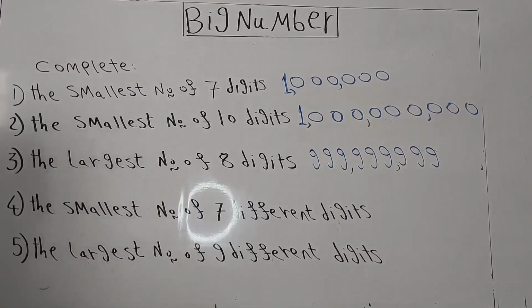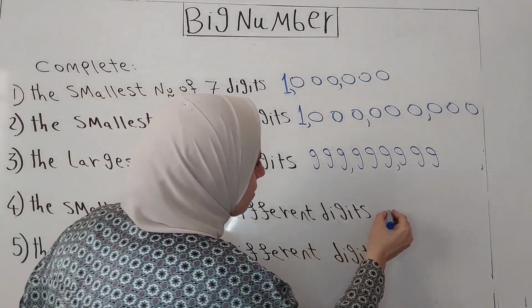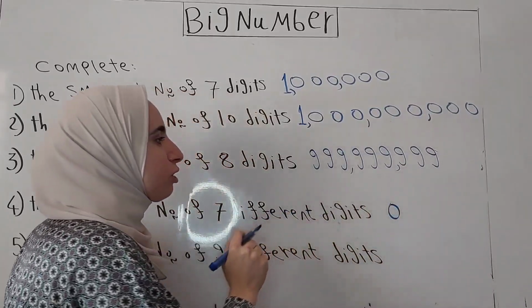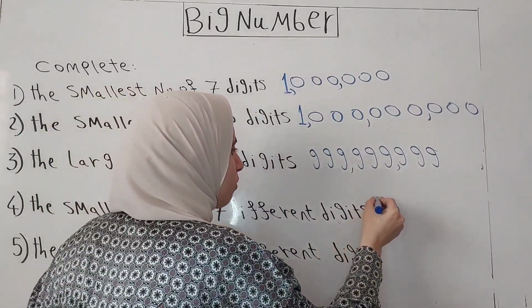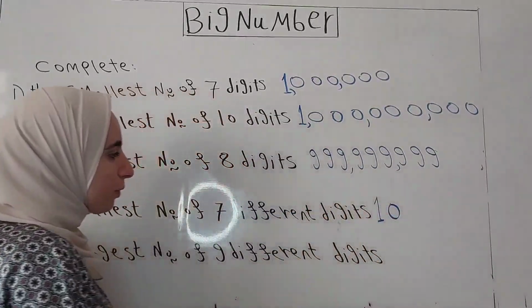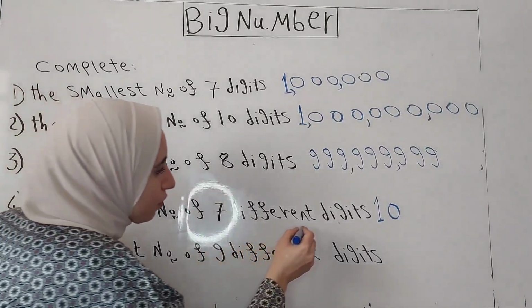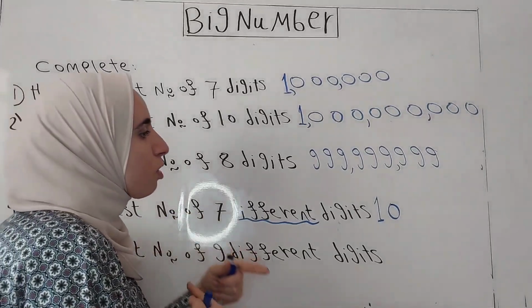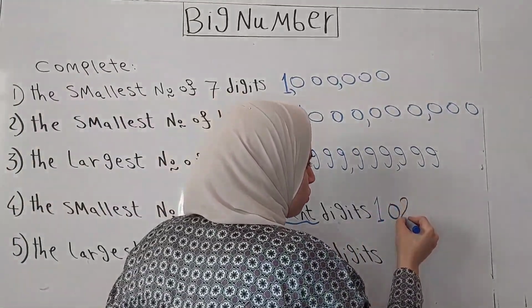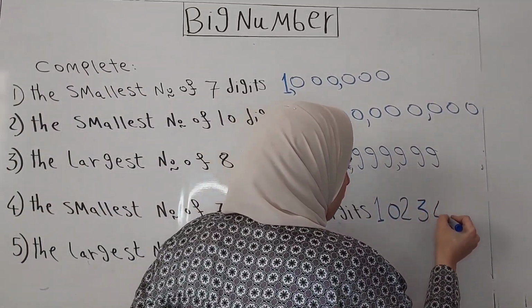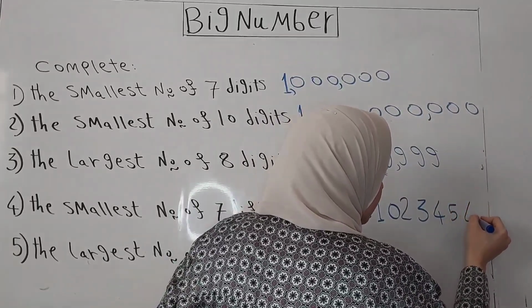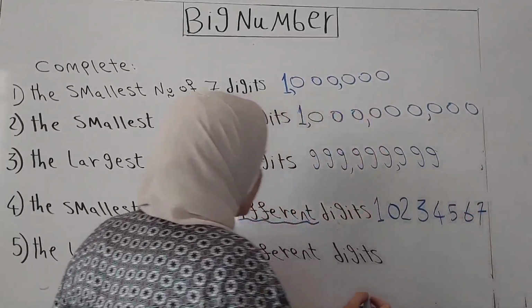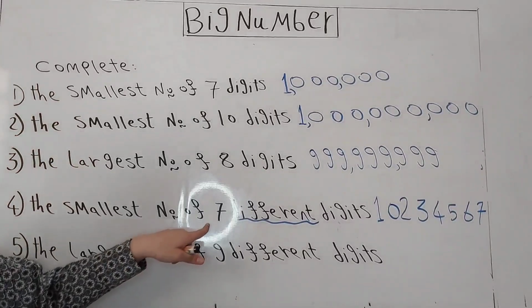Now, the fourth one, the smallest number of 7 different digits. Which is the smallest digit? The smallest digit is 0, but 0 on the left has no value. So we write 1, then we write 0. We need 7 different digits. The next smallest are 2, 3, 4, 5, 6. We need how many digits? 7.